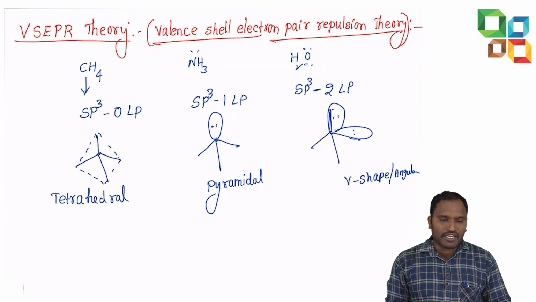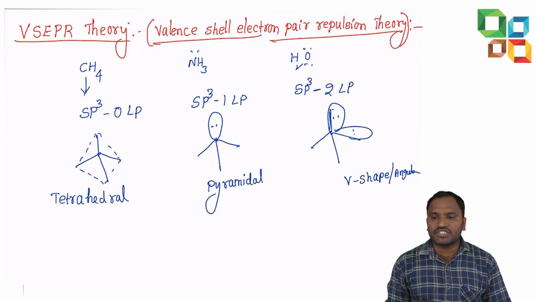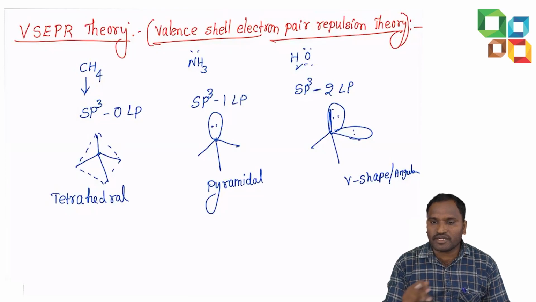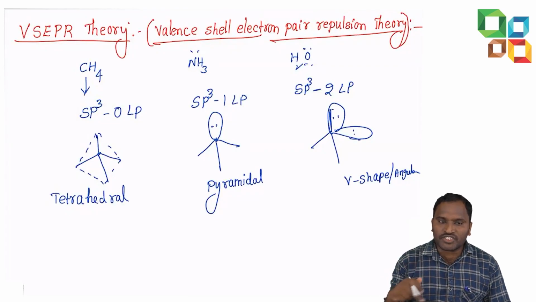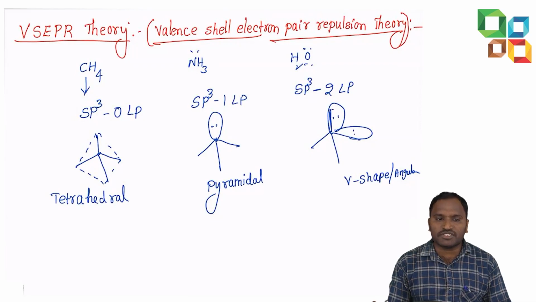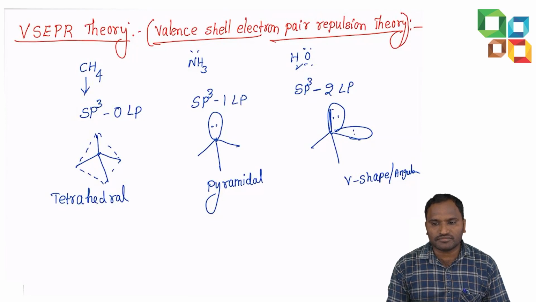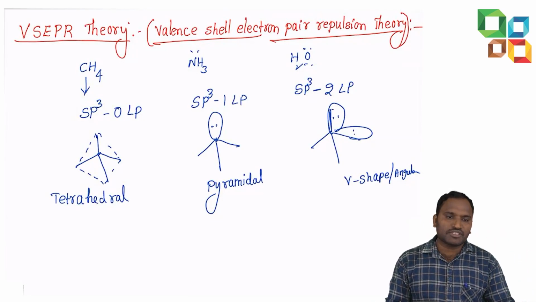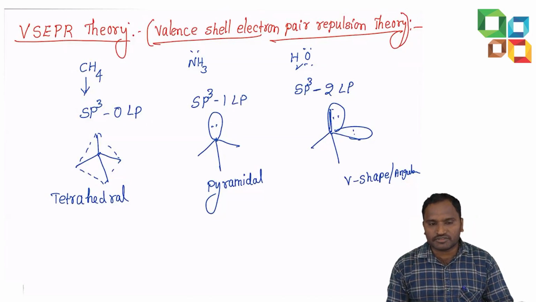If they ask what is the hybrid geometry of NH3, I tell tetrahedral. What is the shape of NH3? If they ask, I'll tell pyramidal shape. What is the difference between shape and geometry? Anyone, can you tell, students?